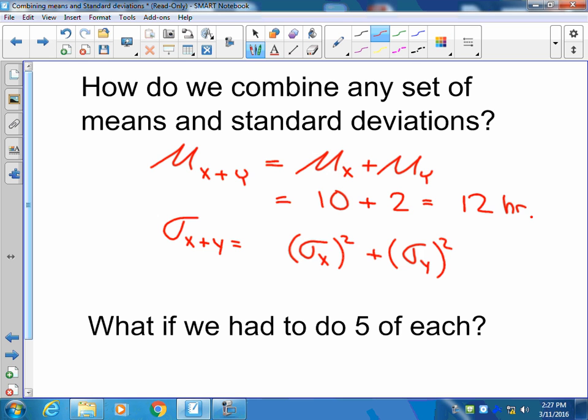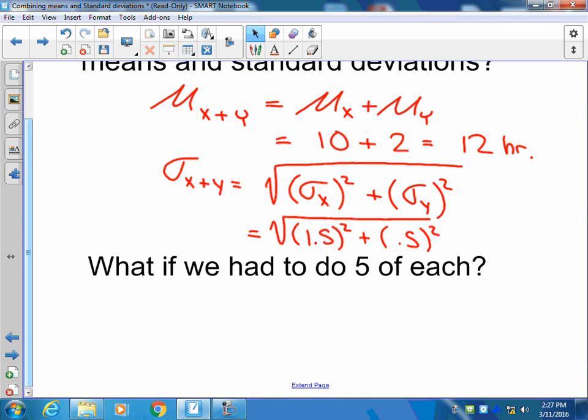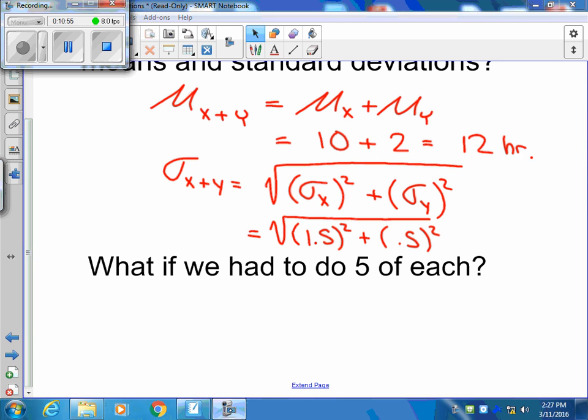So now it's a variance, and then we can combine them. And then to finish that up, we have to turn it back into a standard deviation by square rooting that variance. So it is a fairly tedious process overall. We're doing the square root of our x value 1.5 squared plus the standard deviation of 0.5 squared. And we're putting those together to get the value that we're looking for in this situation.